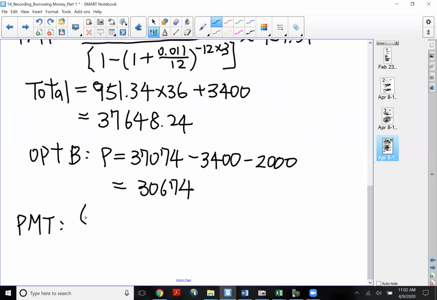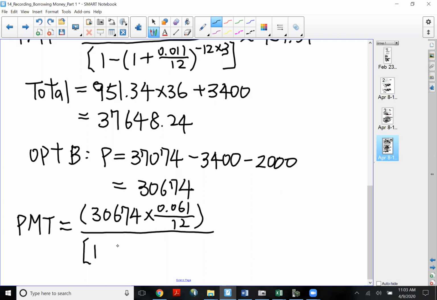If we calculate the monthly payments here, it's P times R, where R is 6.1%, 0.061, divided by 12, whole thing over bracket 1 minus parenthesis 1 plus R over N, whole thing to the negative N times T, which is 3.